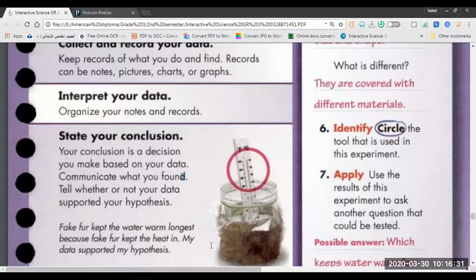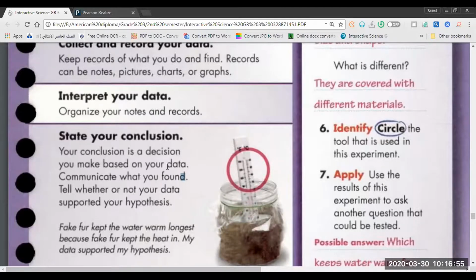Then you will state your conclusion. I said conclusion, it's the final decision. A final decision about what? About whatever you are testing. A final decision about whatever you want to know, the final answer for your question. Okay? State your conclusion.